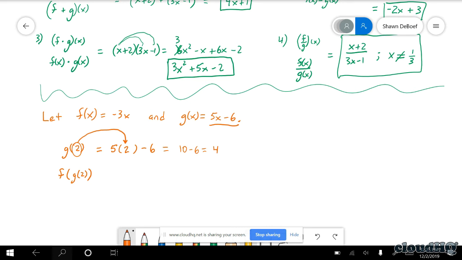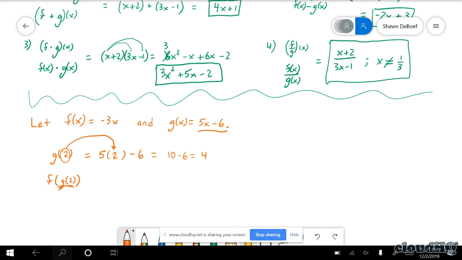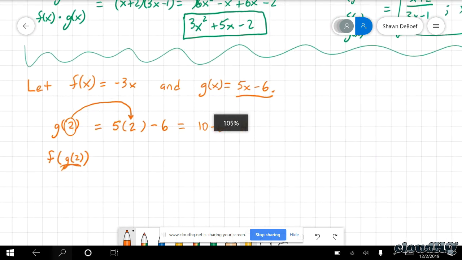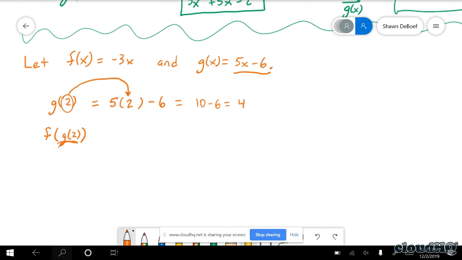So before I can worry about the F, I have to think about what I'm plugging in. I have to think about G of 2, and I would have to identify what G of 2 is. Isn't that what I just found though? Yes. So I know that G of 2 is 4, so I just did that problem. So that means I'm doing F of 4.